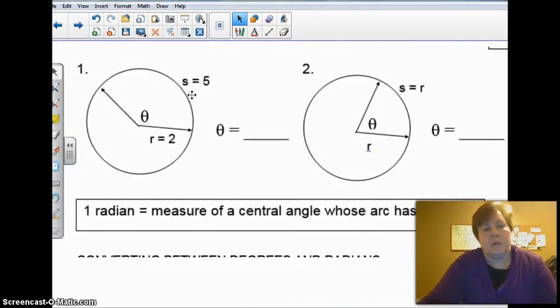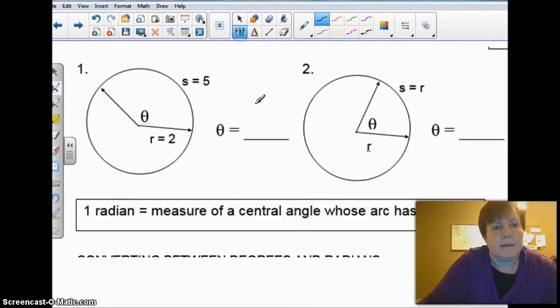All right, so we have this measurement, or ratio. We said the length of the arc divided by the radius is the radian measure of the angle, which in this case is referred to as theta. So what we want to do here is we're going to say that's going to be 5 divided by 2.